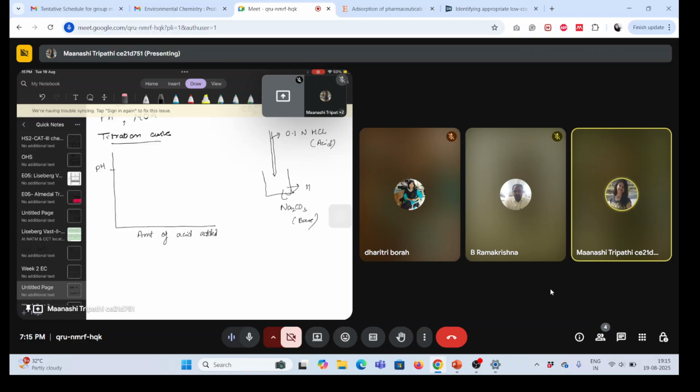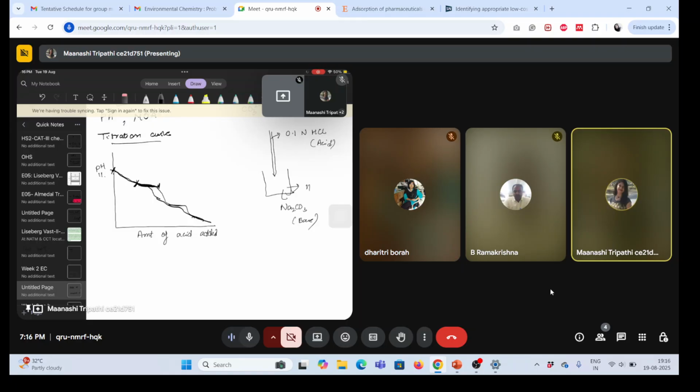Let's say the pH started from 11, so it will reduce and follow a certain curve of reduction. There will be some plateaus and some jumps. There will be a jump and then a plateau. This kind of curve will be there.